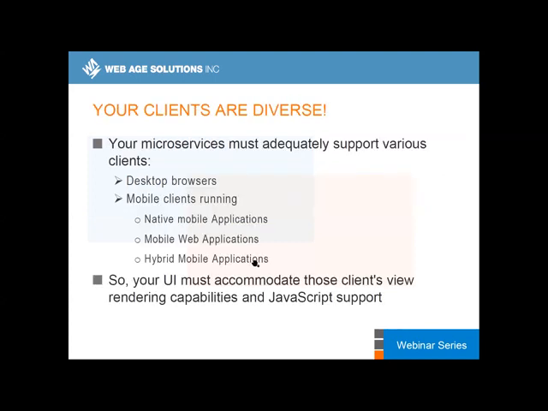Your clients are diverse, and what you also need to start thinking about is that in addition to desktop browsers, you have mobile, and that's where things are moving. With mobile clients, you have a number of versions: native, mobile, hybrid.